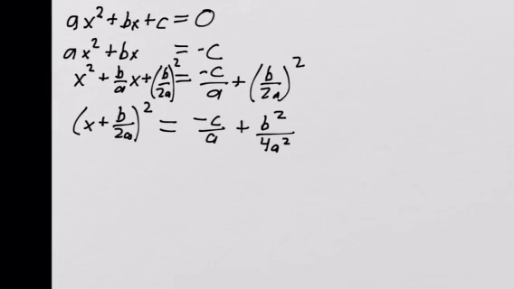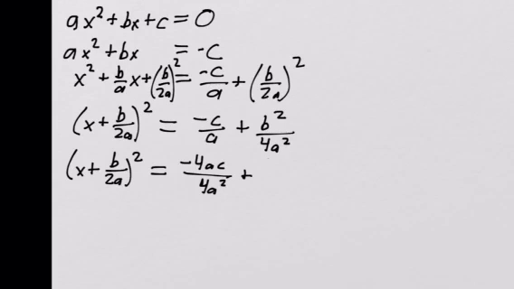Now I need to get a common denominator. So leaving the left-hand side alone for now, I'm going to multiply the first fraction on the right by 4a to give me minus 4ac over 4a squared plus b squared over 4a squared.